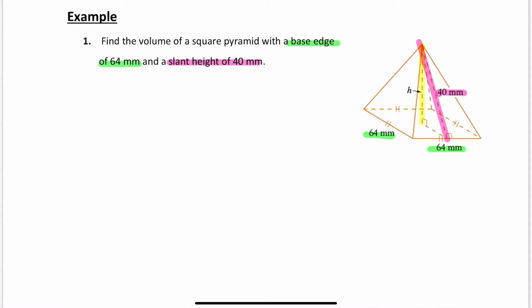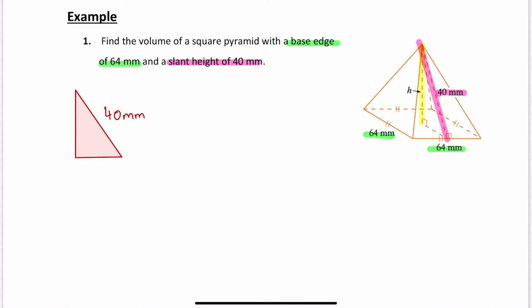So I'm going to redraw this triangle. There's one line, there's two lines, there's a second line. So the slant height is 40 millimeters.